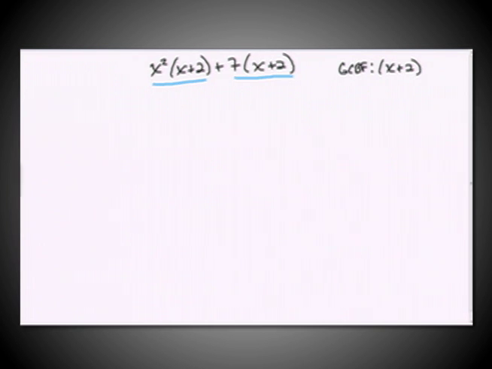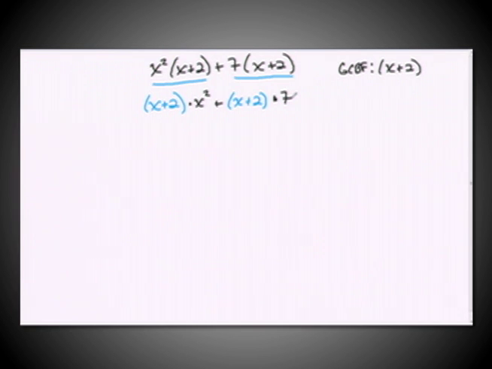So our GCBF is x plus 2, and we multiply that by x squared in that first term. And our second term can be written as a product of x plus 2 and 7. So we've expressed each term as a product of the GCBF and the other factor.